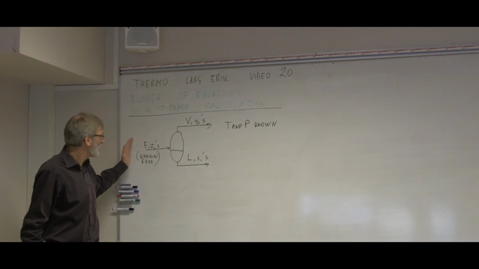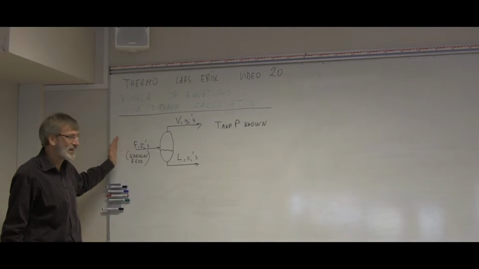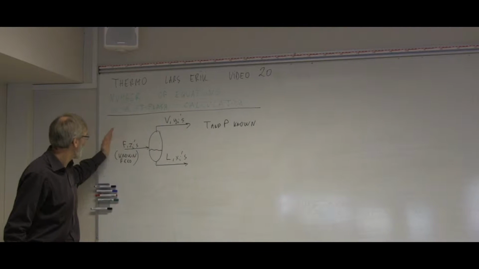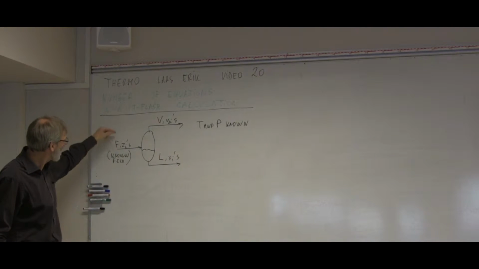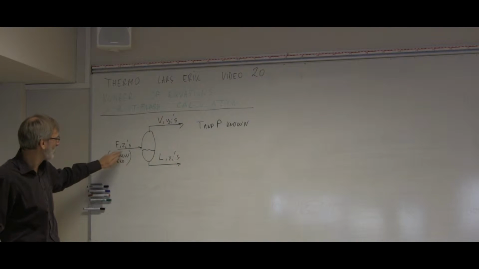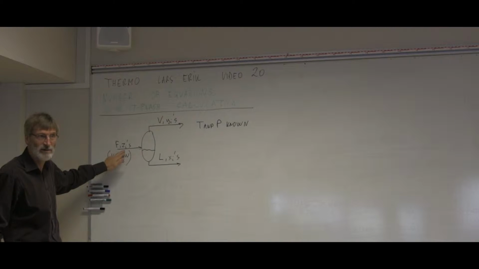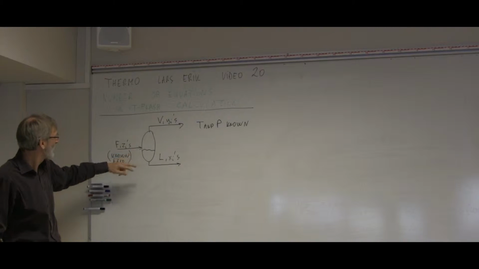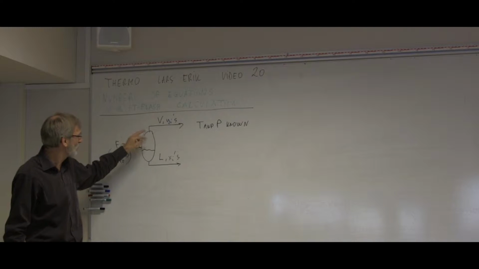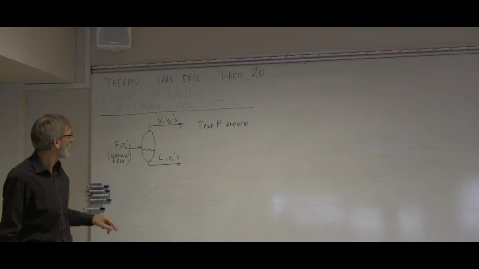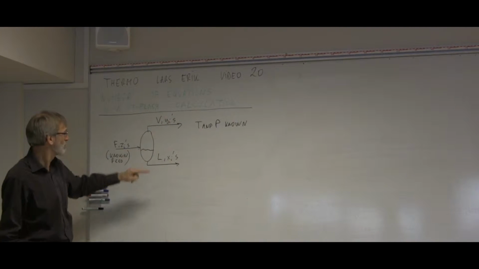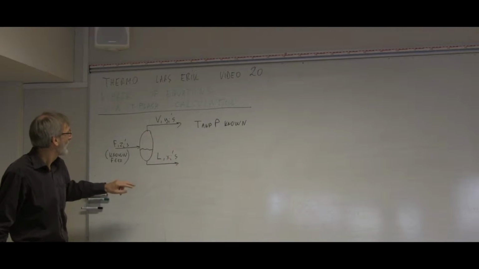A PT flash is here defined as a feed where the mole fractions are defined as z's. Then it goes into a tank where we get some vapor, some liquid.